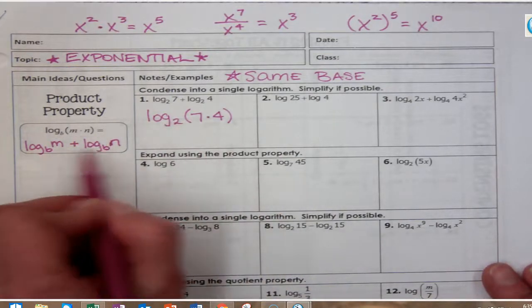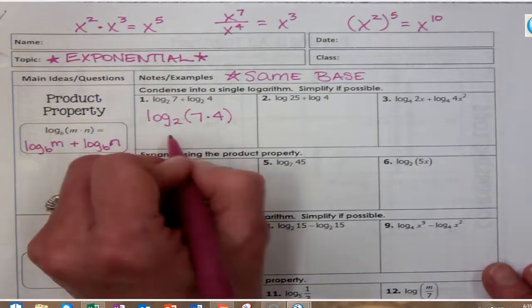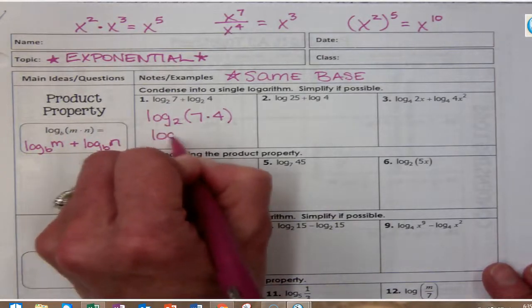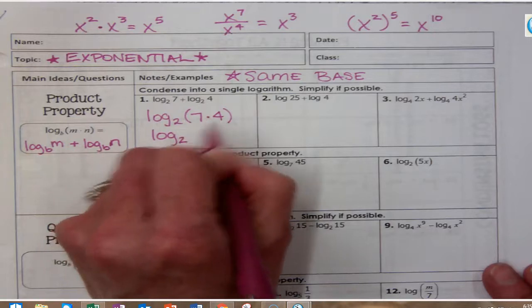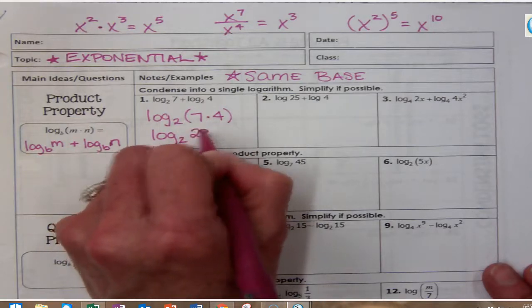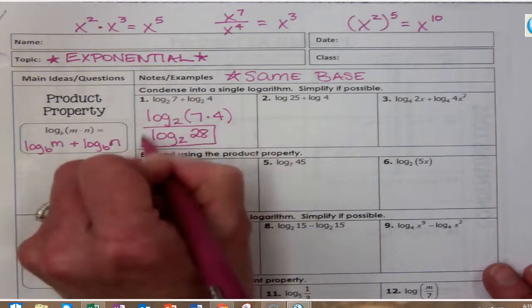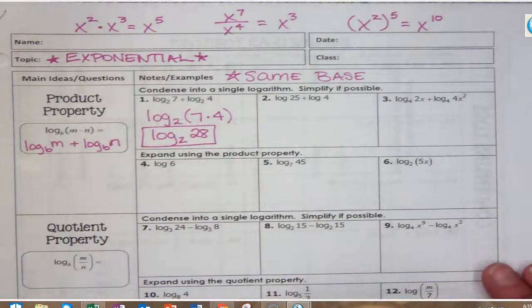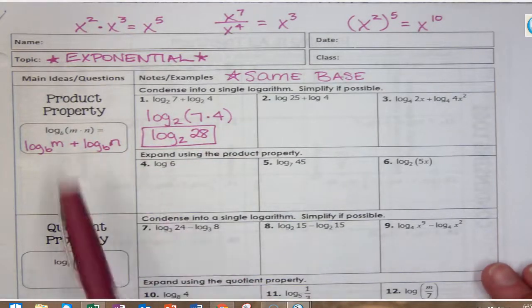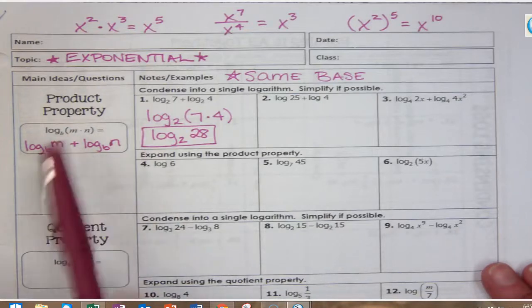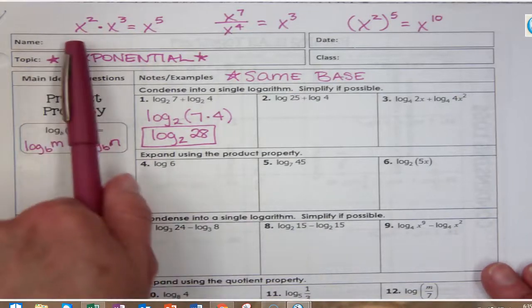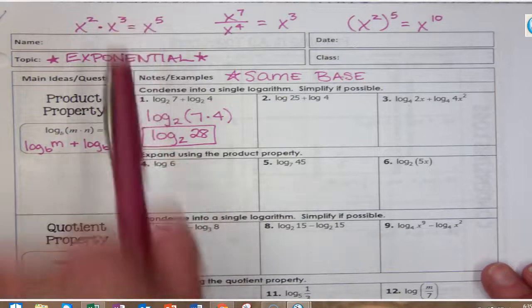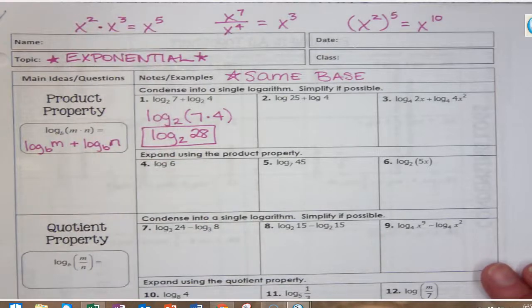When you have them added, you actually multiply these. So I get log base 2 of 28. That is your property. When you add, you multiply, just like here, when you're multiplying, you're adding. It's kind of the reverse.